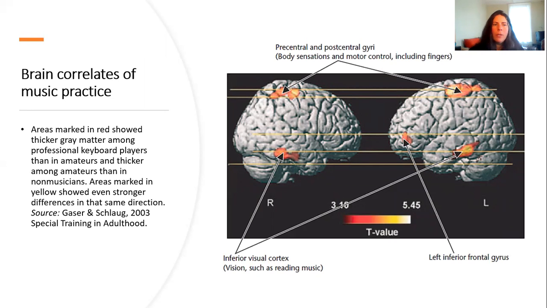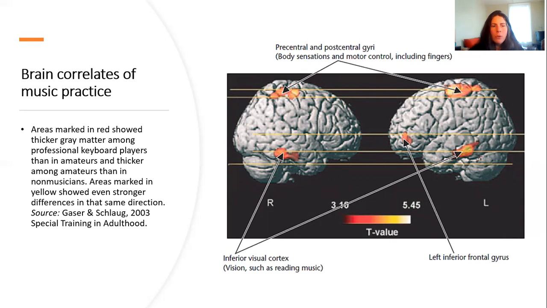Okay, so here is just a figure that shows the areas of the cortex involved in musical practice, where the areas in red have the thicker gray matter among professional keyboard players than in amateurs, and thicker among amateurs than in non-musicians.